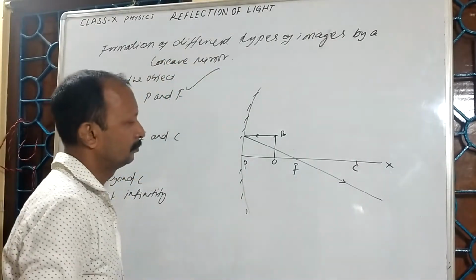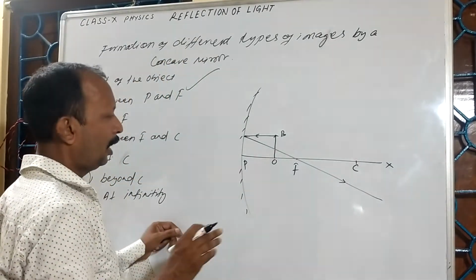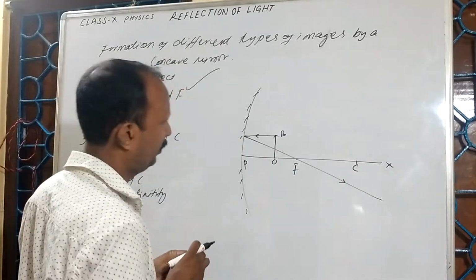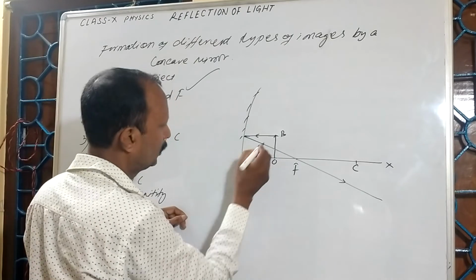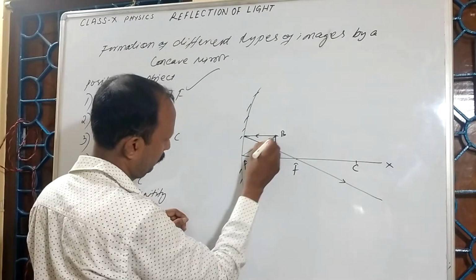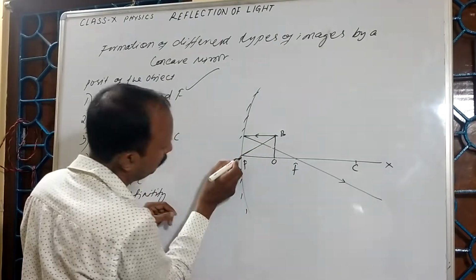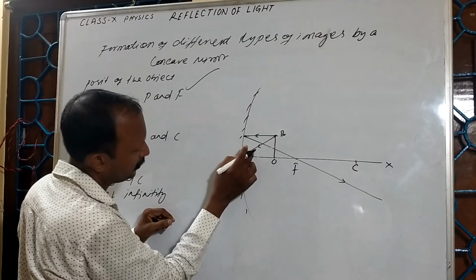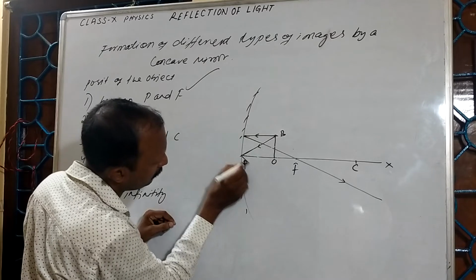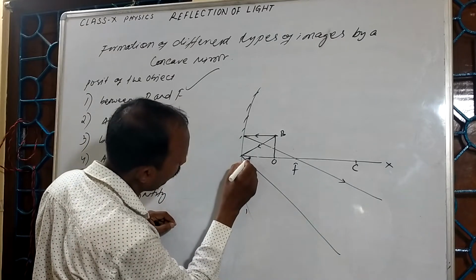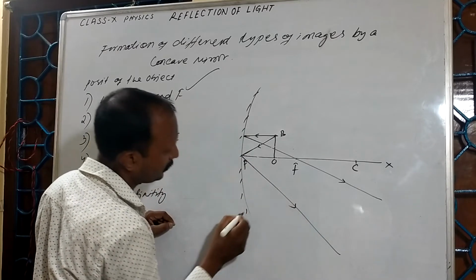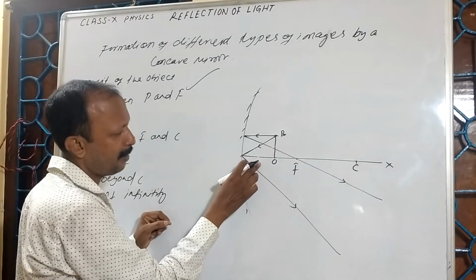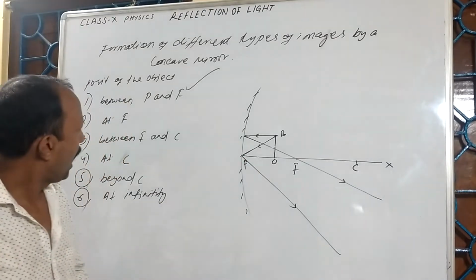Next one, I can draw in different ways. What are the different ways? For example, okay, I am taking this one. So this is the incident ray, this is the angle of incidence, this is the angle of reflection. That means if it is incident at the pole, it will reflect making the same angle with the principal axis.